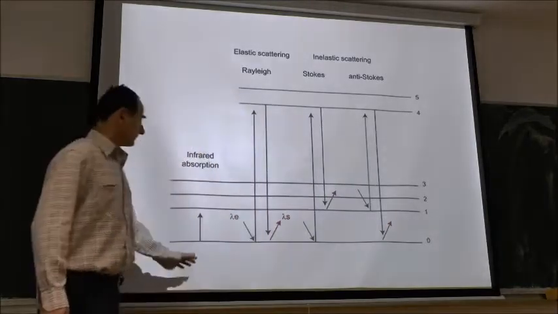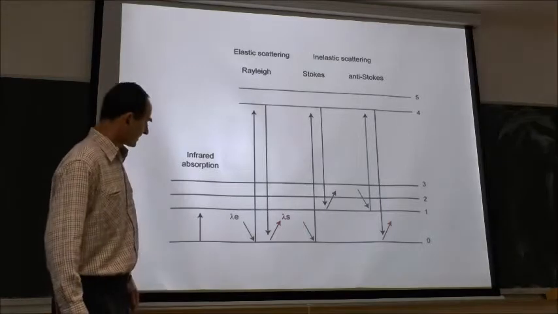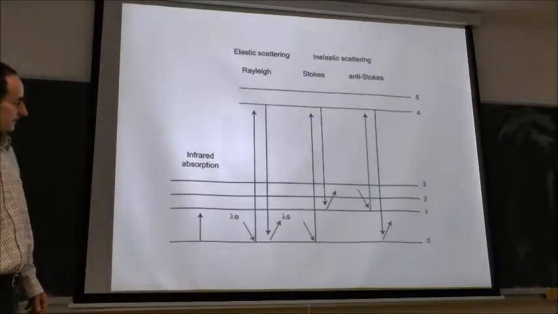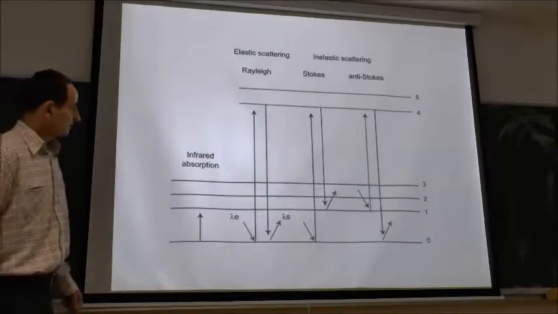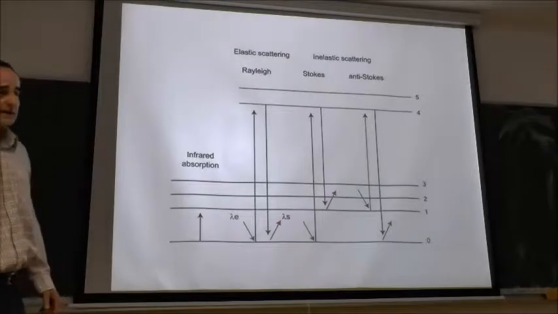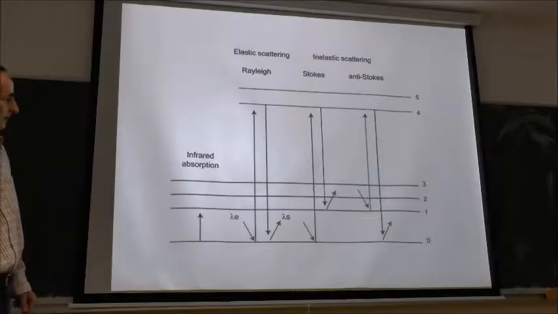The first one is called Rayleigh scatter. It has the same frequency as the exciting radiation. The second one is called Stokes, and the frequency of the radiation is lower than the frequency of the laser.